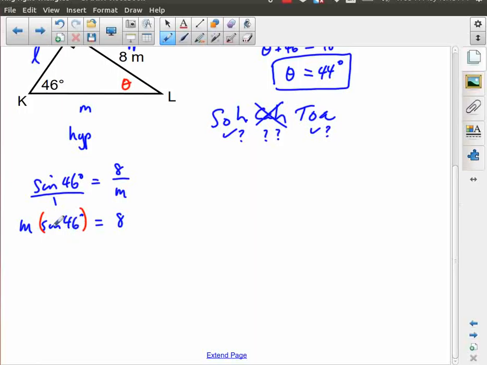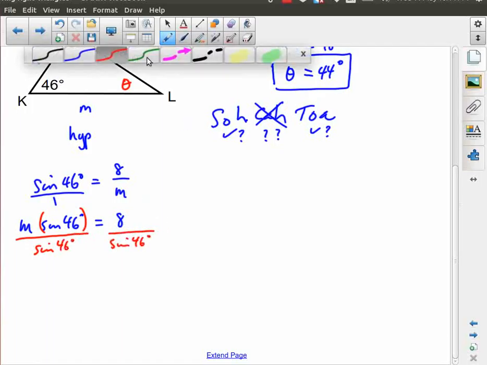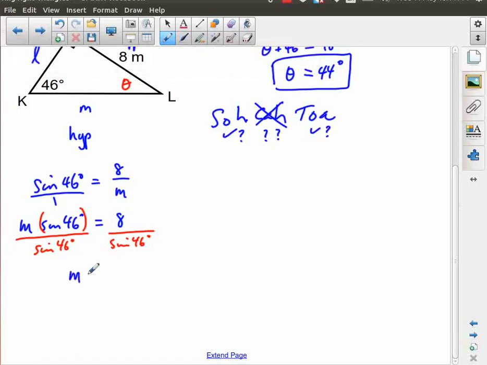You could turn it into a decimal right now, make your equation approximate, but I would encourage you to try to just get yourself comfortable with the idea this is a number. I'm going to divide both sides by that number. And when I do that, I end up with m is equal to 8 over sine 46 degrees.